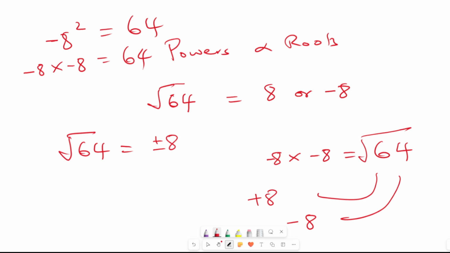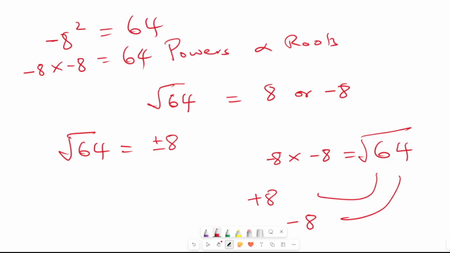If someone asks you, what is the root of 100? If you are an average student, you say 10, and you are right. If you are an excellent student, you say it's ±10. That is one thing I want you to fix in your mind as we go through our math journey together. Roots of positive numbers are actually plus or minus whatever root you get. It's not just simply the positive one.